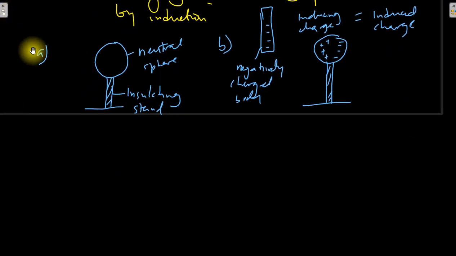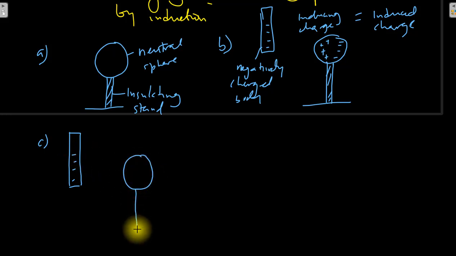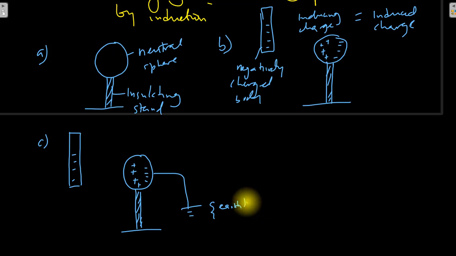The third step in the process, while keeping the negatively charged object in place, I'm going to earth the sphere. So I'm going to connect the sphere to the earth. This symbol here means earth or ground.